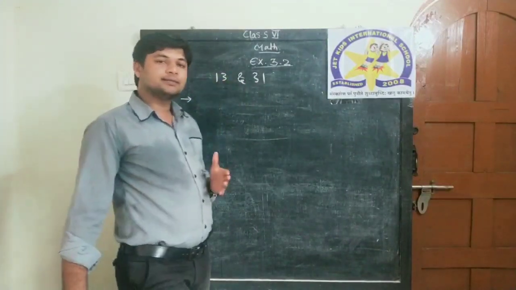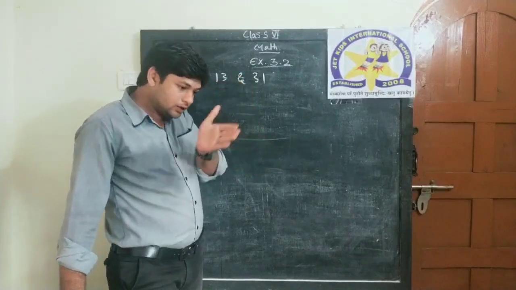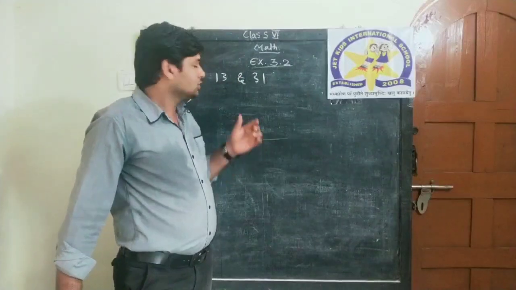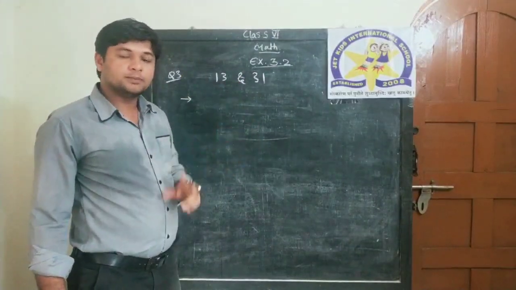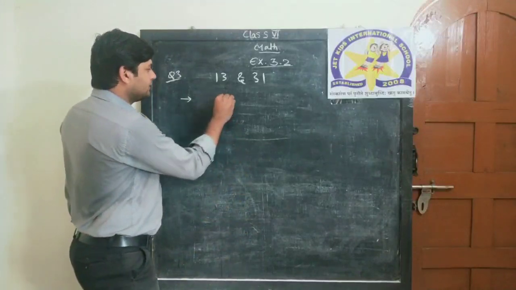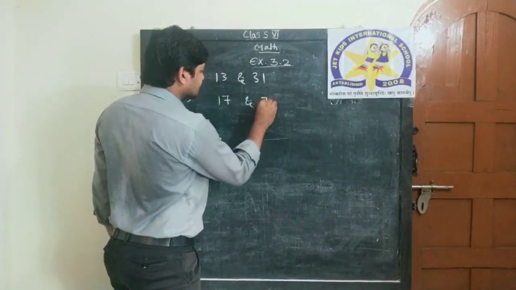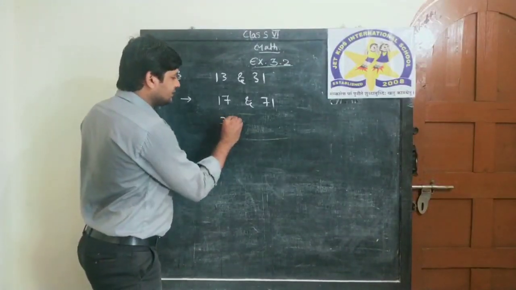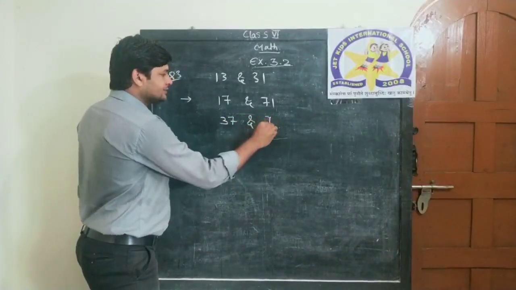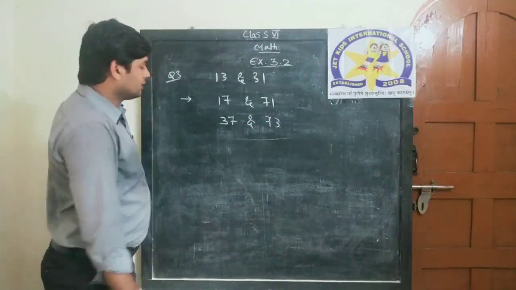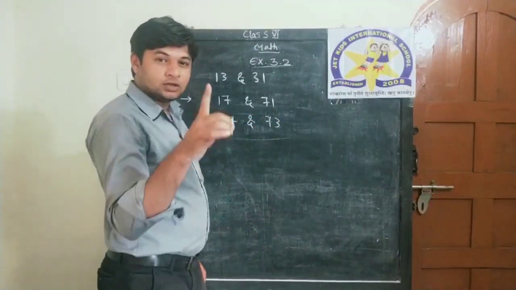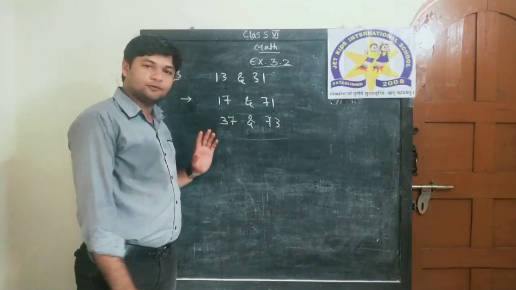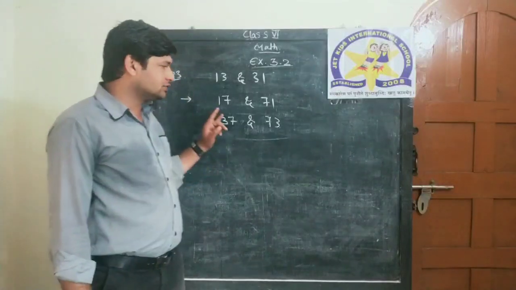So how many numbers are there between 1 to 100, except 13 and 31, which have the same digits but both are prime? 17 and 71, then 37 and 73. Check that table, it will help you. Only the table will help you in this type of question.